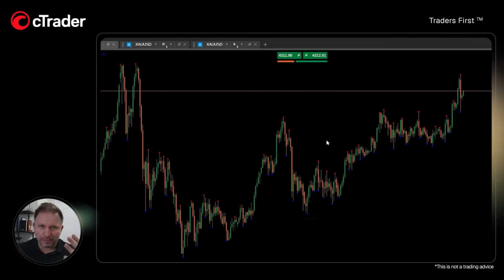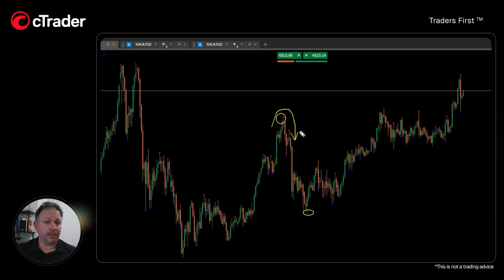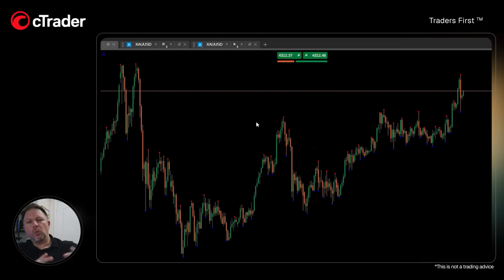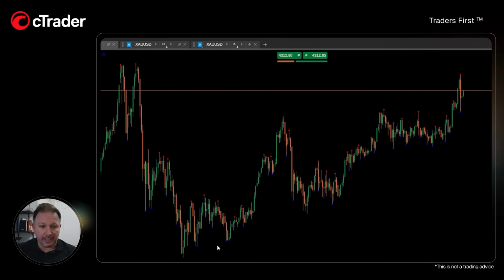There are a couple of uses for the fractals. First of all, to identify the peaks and bottoms, reversal points where the market creates a swing high or swing low and actually makes significant turnarounds. That would be super useful in wider market conditions, bigger significant moves like we can see here and here.